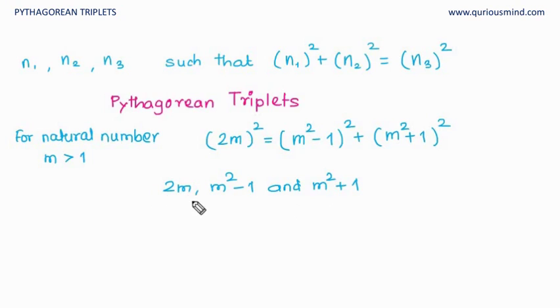So by using this formula, we can find many Pythagorean triplets. Let's see a few examples and firm up our understanding of Pythagorean triplets.